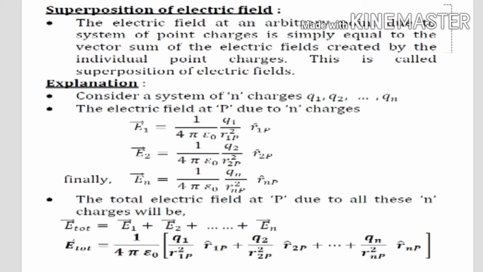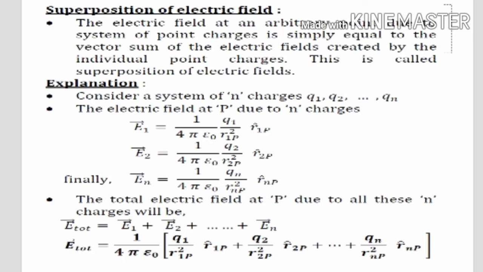Here R1P cap represents the unit vector which is directed from the charge Q1 to the point P. Similarly, for the second point charge, the field at a point P due to the point charge Q2 can be represented by the equation E2 vector is equal to 1 by 4 pi epsilon naught into Q2 by R2P squared into R2P cap. Here R2P cap represents the unit vector which is directed from the charge Q2 to the point P.